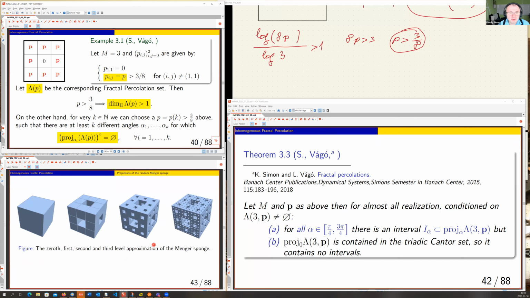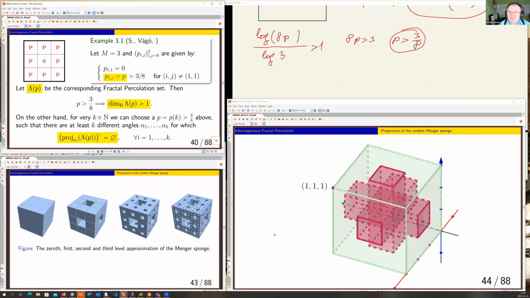And with Vilma Orgoványi, and this is the moment when I start to speak about the new result, we wanted to understand the projection of the random Menger sponge. So what is the random Menger sponge? You just consider the deterministic Menger sponge.